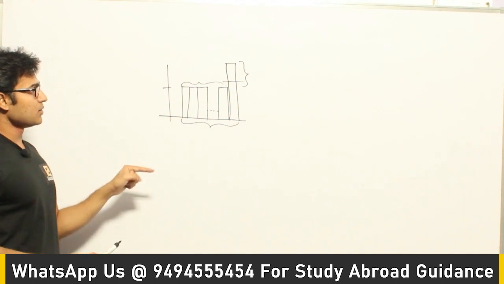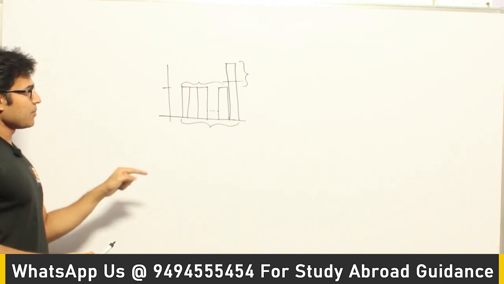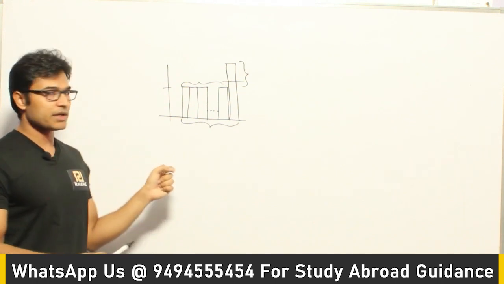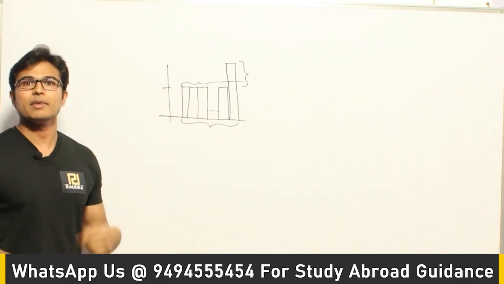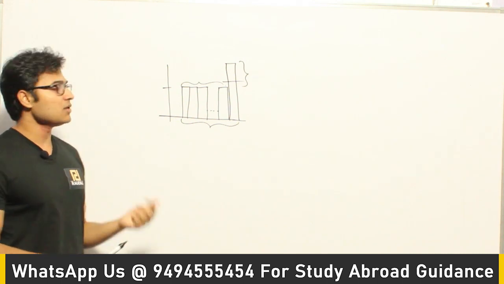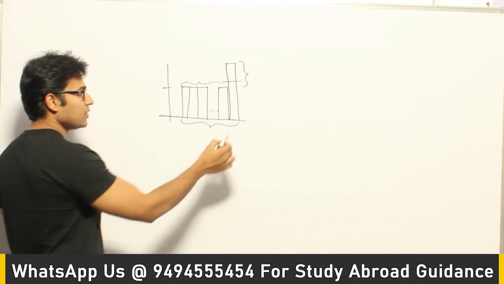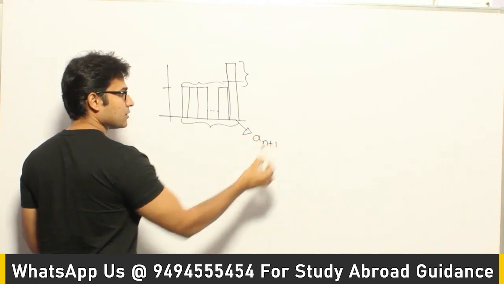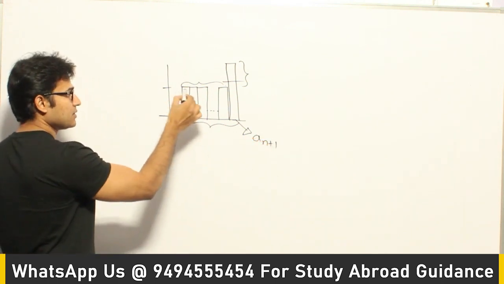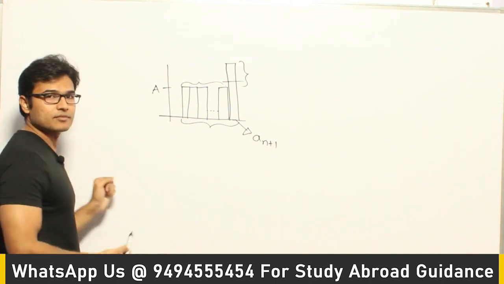Therefore adding a member to a group whose value is greater than the average of the existing group will always pull up the average. By how much? That depends on the newly added value. Let us say the newly added value is a n plus 1 and the existing average is, let's say, capital A, right?